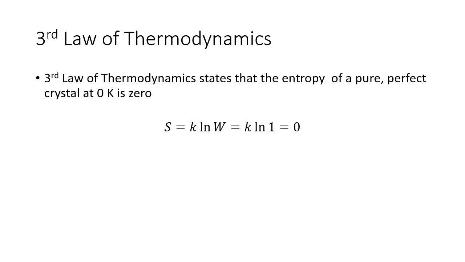So at 0 Kelvin, we don't have any kinetic energy. In addition, all of our molecules in a perfect crystal are in fixed positions and they're not going to move. So there's literally only one microstate for a perfect crystal at 0 K. Therefore, since the natural log of 1 is 0, S is equal to 0.